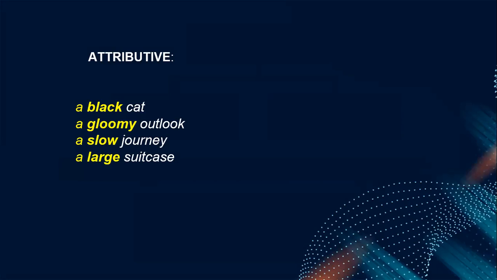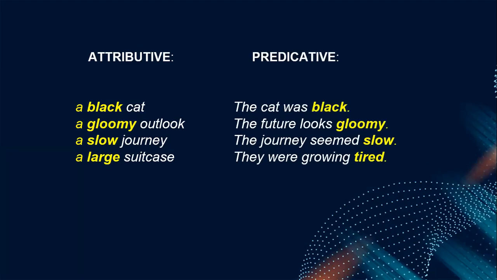These are examples of attributive adjectives. And the predicative adjectives are: the cat was black, the future looks gloomy. These adjectives are highlighted in yellow, you can see on the screen. The journey seems slow, they were growing tired, right? So this is how you can understand the difference between attributive and predicative adjectives under descriptive adjectives.